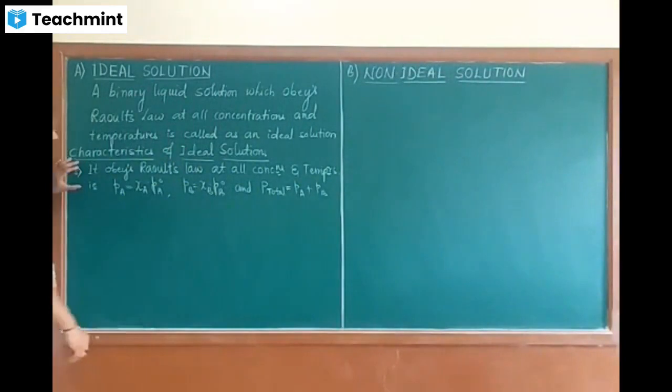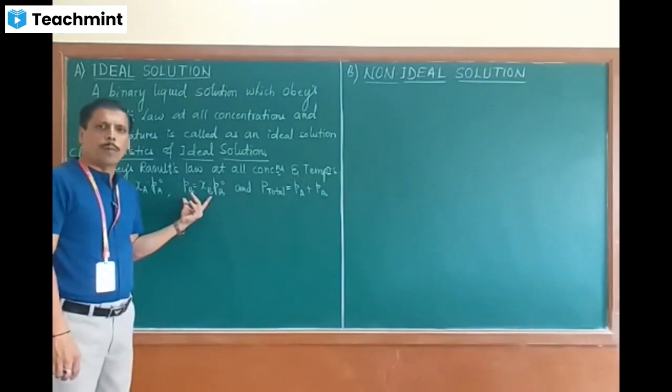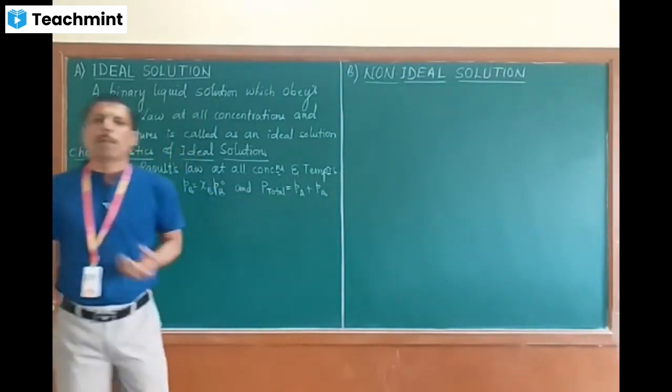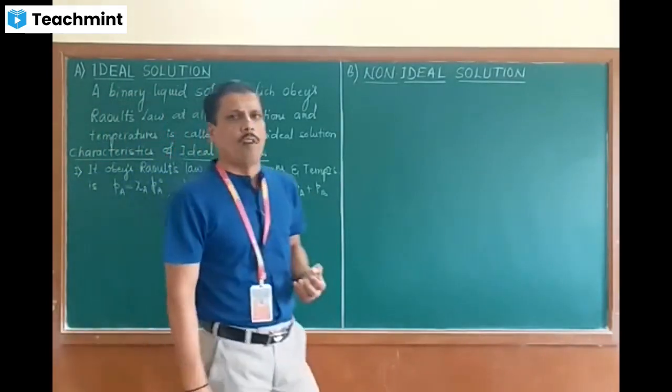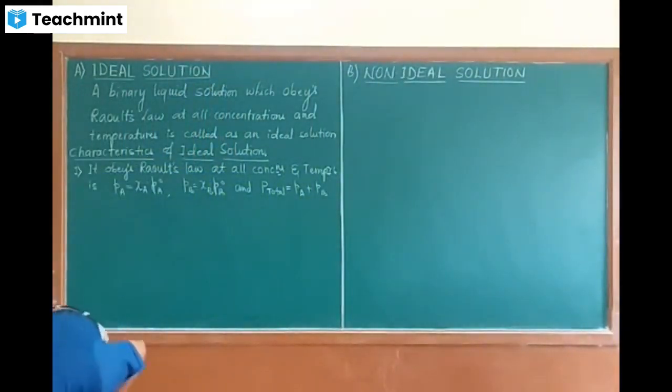This is the first characteristic. It means at all concentrations and temperatures, the partial vapor pressure of liquid A is equal to the product of its mole fraction in the solution and its vapor pressure in pure state at that temperature. Similarly for component B, and the total vapor pressure over the solution is the sum of the partial vapor pressures of components A and B.